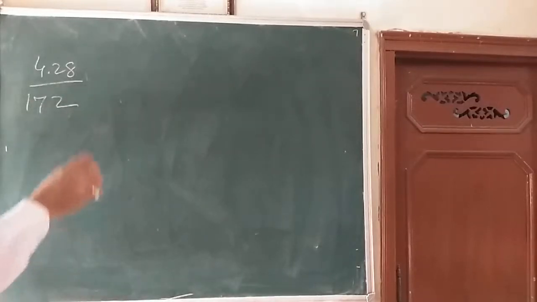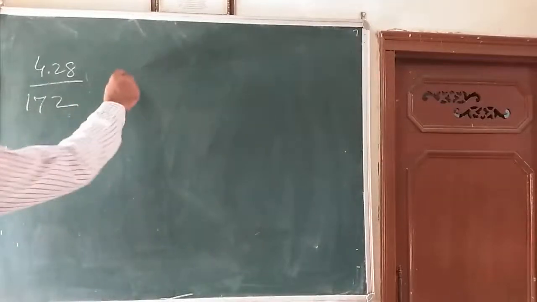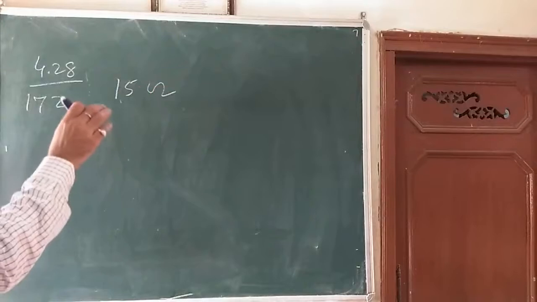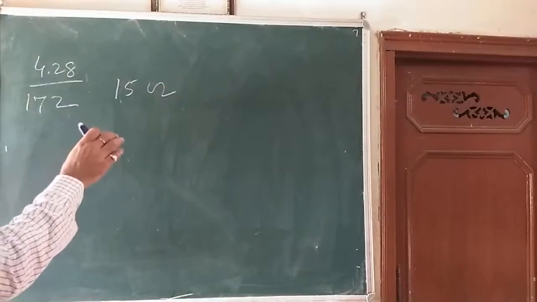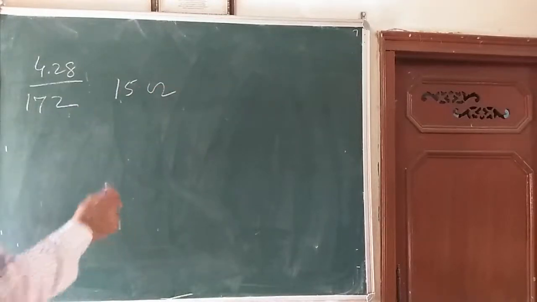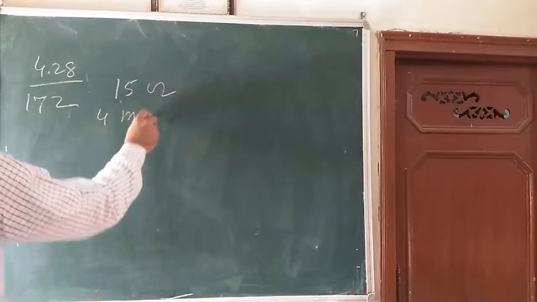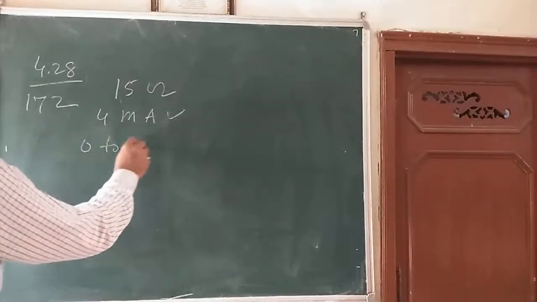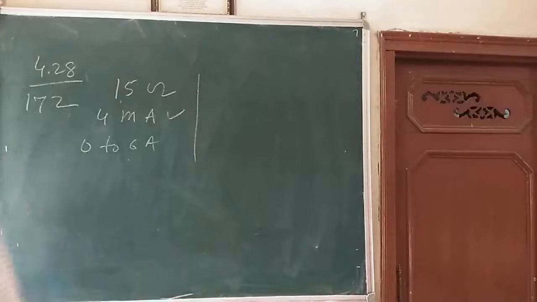A galvanometer coil has a resistance of 15 ohm and the meter shows full scale deflection for a current of 4 milliampere. How will you convert the galvanometer into an ammeter of range 0 to 6 ampere?